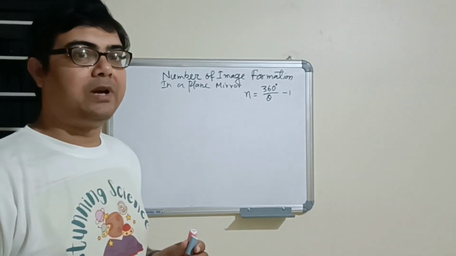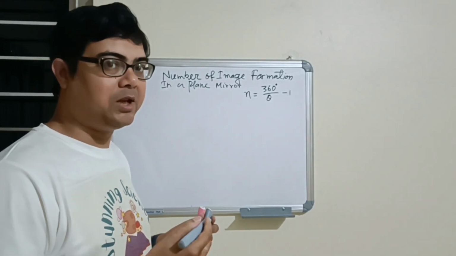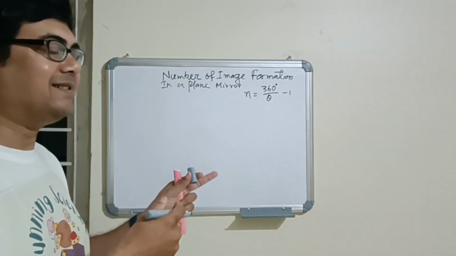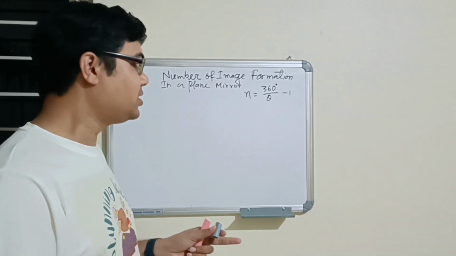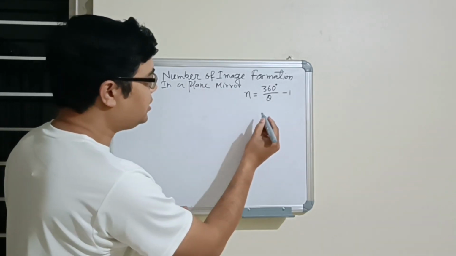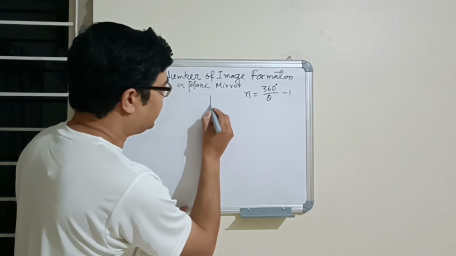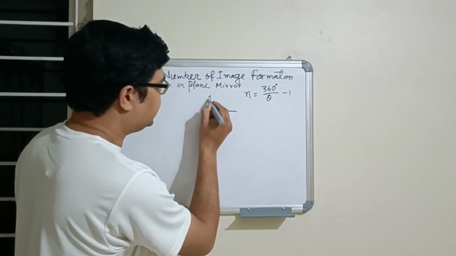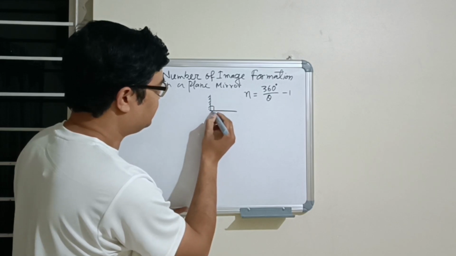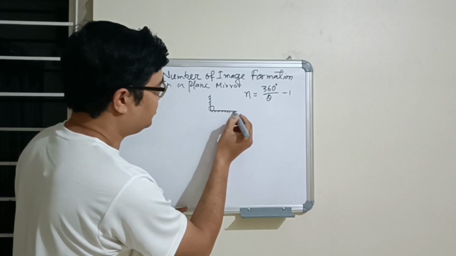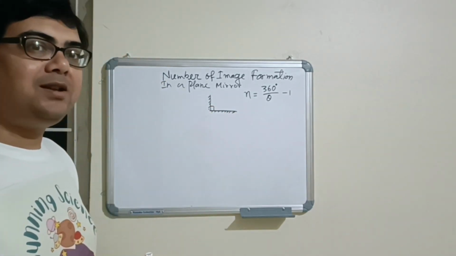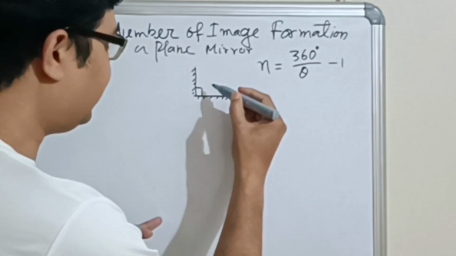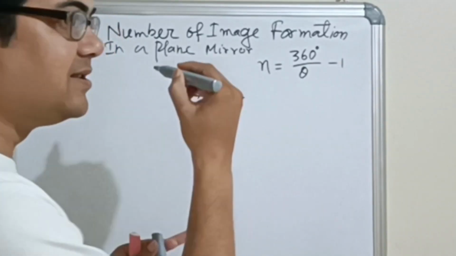This formula you need to apply to calculate the number of images formed by plane mirrors when they are kept at certain angles, right? For example, when two mirrors are perpendicular to each other, so this is plane mirror. How many images would be formed if an object is placed symmetrically?